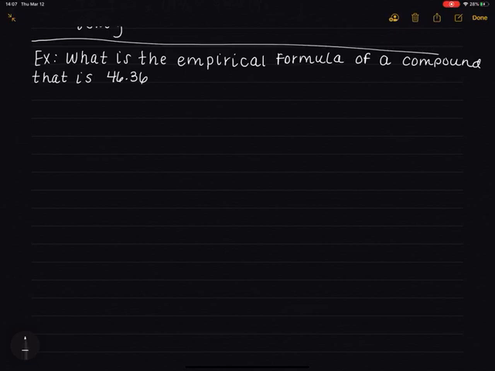We are much more likely to see questions asked like this. What is the formula of a compound if we know that it's 46.36% tungsten and 53.64% chlorine?